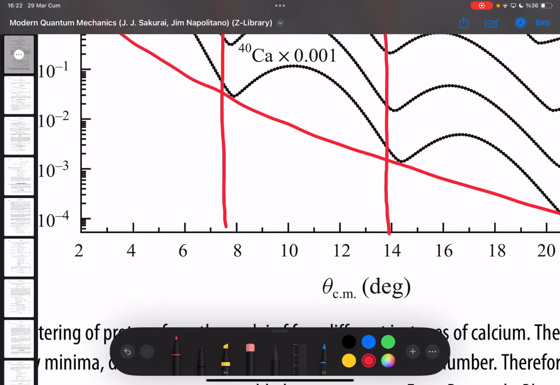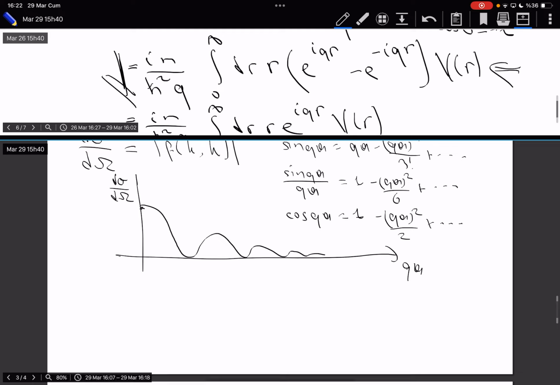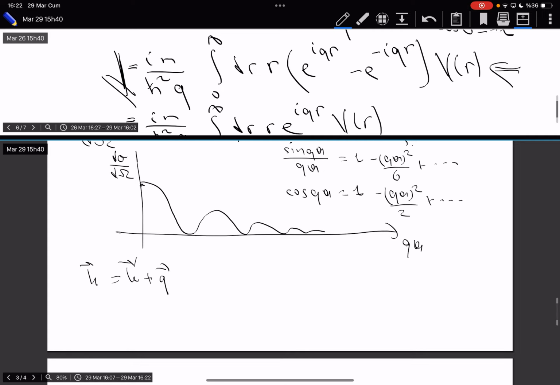the difference between the Q. So let's see, here we have a plot as a function of Q. And remember, K is K prime plus Q, if I'm not wrong. So Q, if you want, this is K, this is K prime.